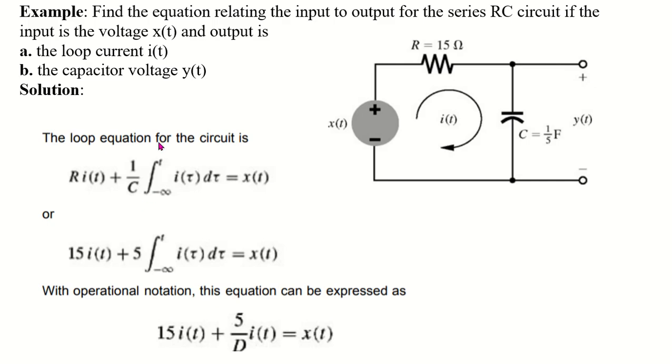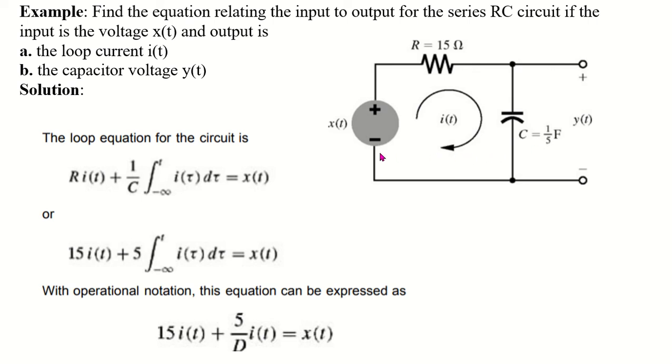Given here is an example where we are required to find the equation that relates the input to the output, and this is an RC circuit. It's given that the input is the voltage x(t), and the output in the first case is the loop current i(t), and the second output to be considered is the voltage across the capacitor C, which is taken as y(t).